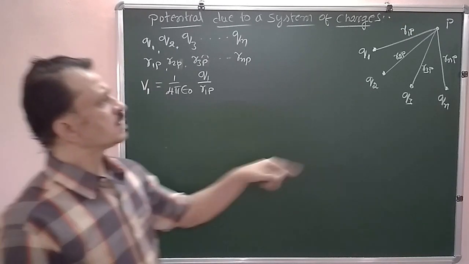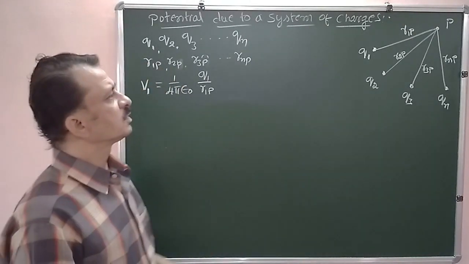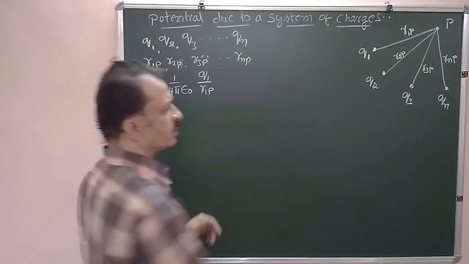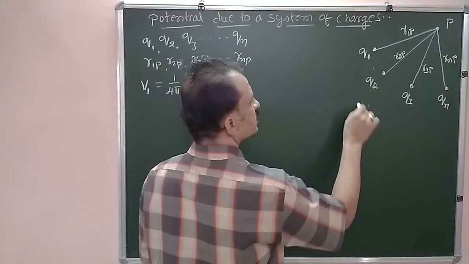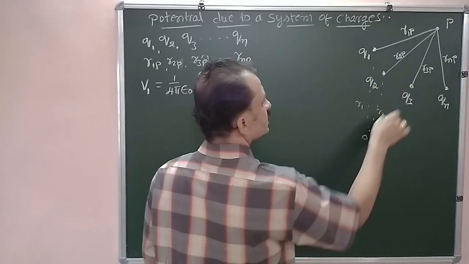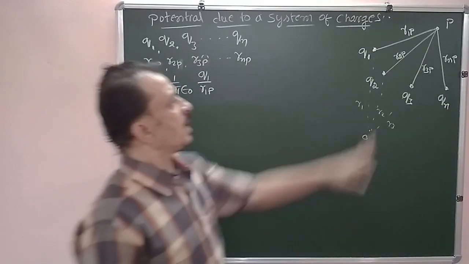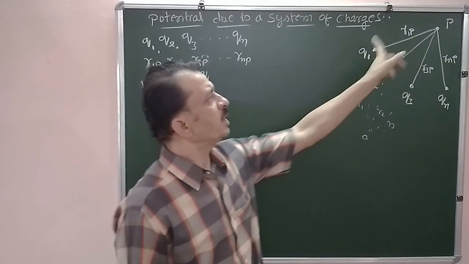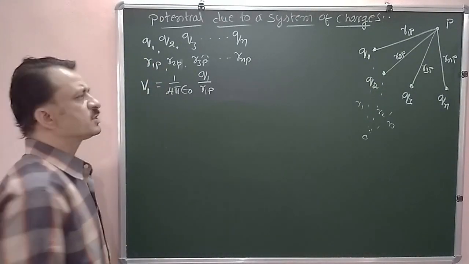Now R1, R2, R3 are the positions with respect to some origin, which we have not shown. With respect to the origin, this one is at R1, this one is at R2, and this one is at R3. But R1P is the position vector of the point from the charge. This is the potential due to the first charge.